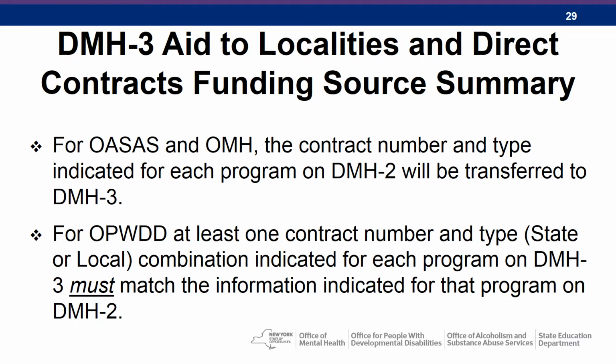For OASIS and OMH, the contract number and type indicated for each program on DMH-2 will be transferred to DMH-3. For OPWDD, at least one contract number and type, state or local, combination indicated for each program on DMH-3 must match the information indicated for the program on DMH-2.